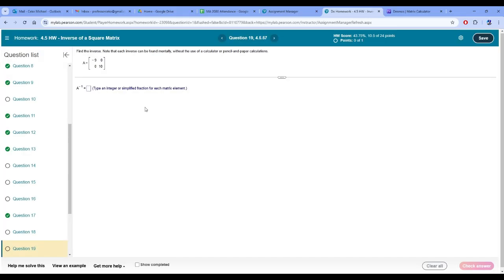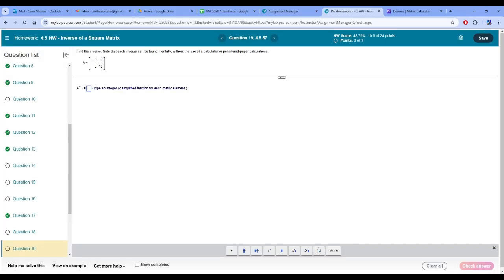So then, just for laughs, this one will be 1 divided by negative 9, tab 0, tab 0, tab 1 divided by 10. 1 divided by 10.